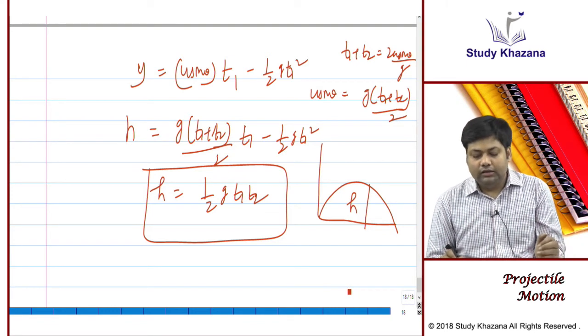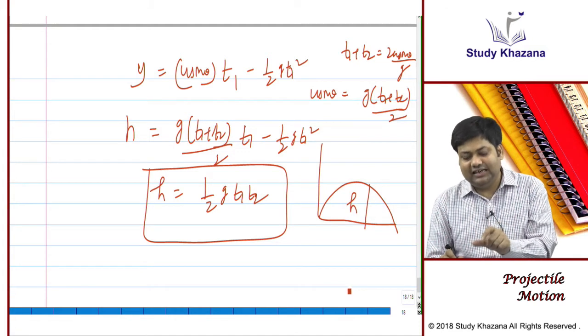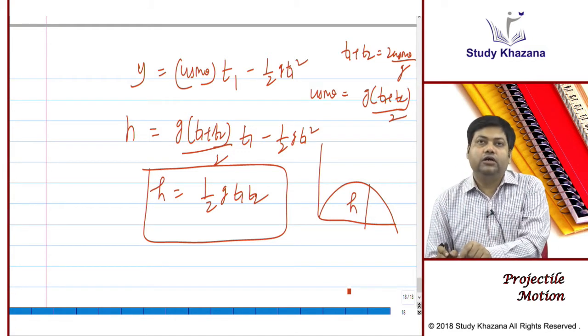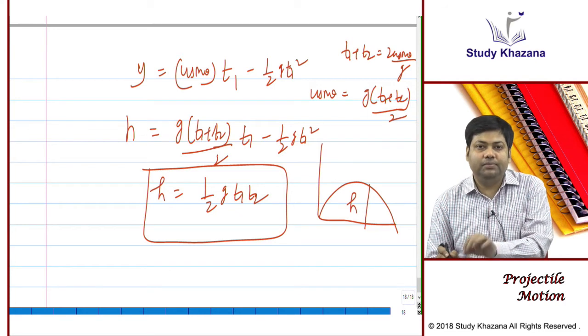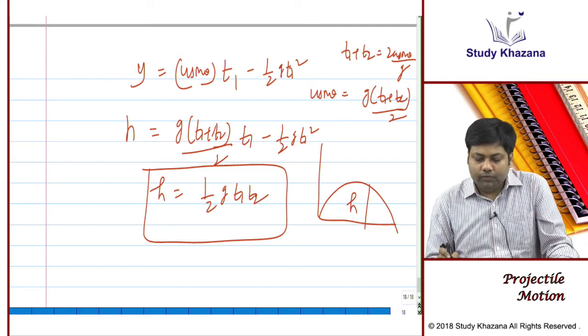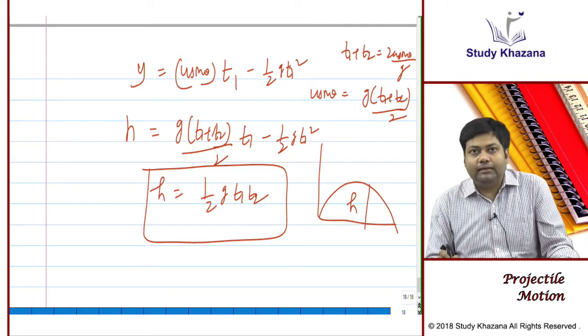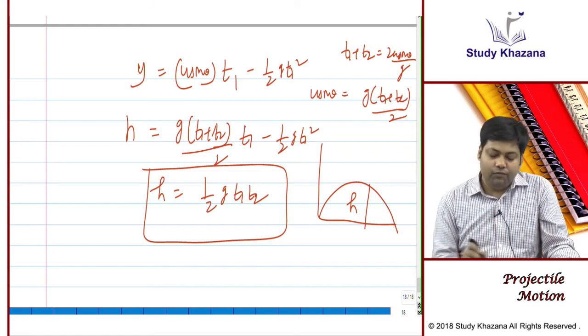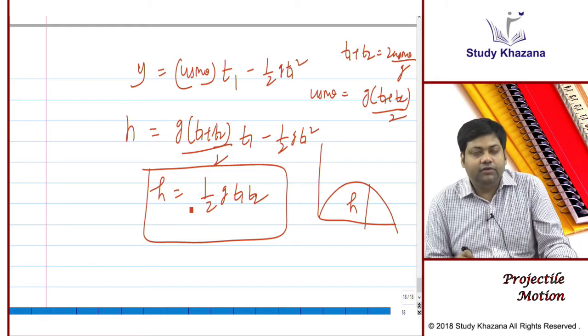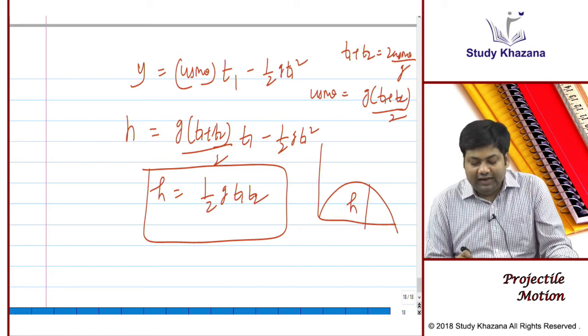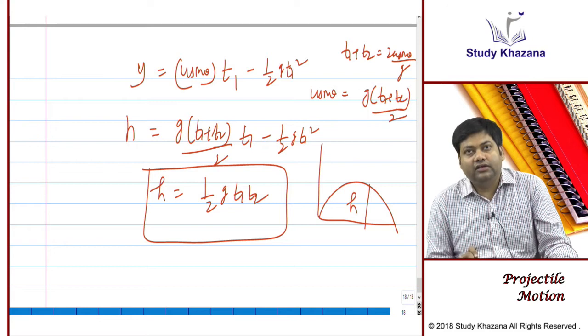Then how much time will it take after that height to reach its final point B? Or you can say, what is the total time of flight? So essentially, if you put the value of h in the equation h equal to half g t1 t2, you will get t2, and t1 plus t2 will give you the total time.